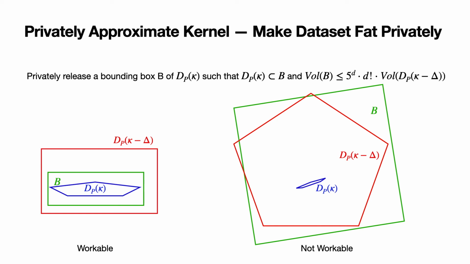B is the bicriterial approximation bounding box of the kappa Tukey region. This makes it so that mapping B into the unit hypercube doesn't change the width of the kappa Tukey region significantly. So, we cannot make a Tukey region fat if the volumes of the kappa Tukey region and the kappa minus delta Tukey region differ so much.